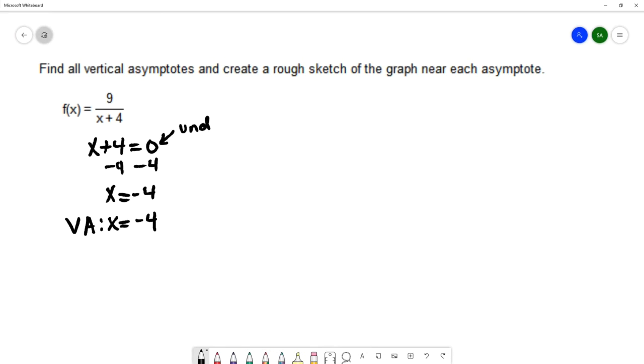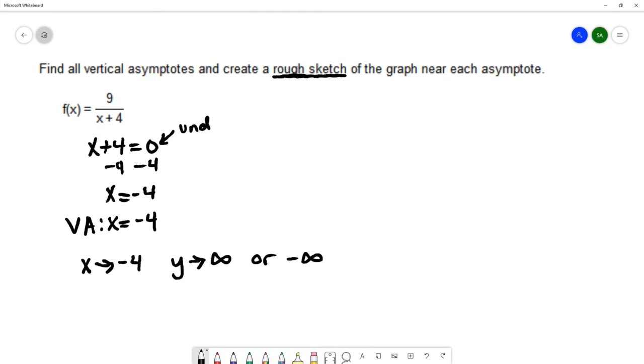It was completely reduced. Now, we need to know the definition of a vertical asymptote to understand the next part of what we're doing. We're going to draw a rough sketch of the graph, and in order to draw the graph, we need to know what it means to have a vertical asymptote. It means that as x approaches that value, the y will approach infinity or negative infinity.